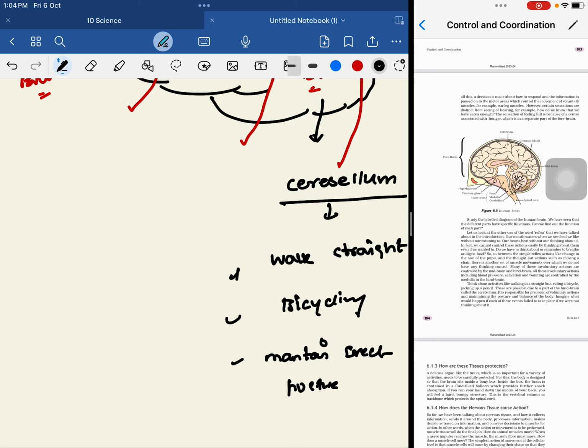It is also responsible for voluntary actions, precise movements.